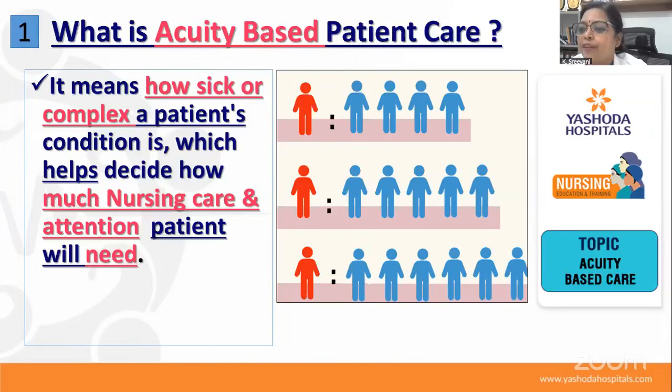Yes, ma'am. Acuity-based care emphasizes the intensity of the nursing care required by each individual, ensuring that the right patient receives the right care from a nurse with the appropriate skills. Normally, the acuity tool is a classification system to objectively categorize the patient and score their care needs.